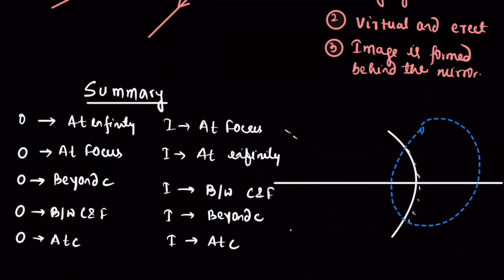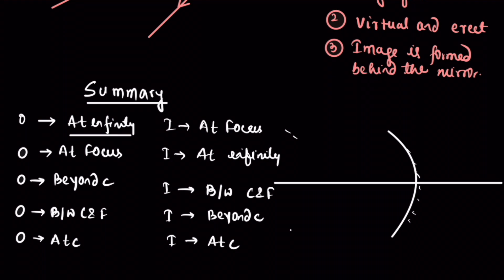Second part, you notice when the object is at infinity, the image is at focus and it is highly diminished. Suppose this is our object size at infinity, then the image size at focus is a dot.